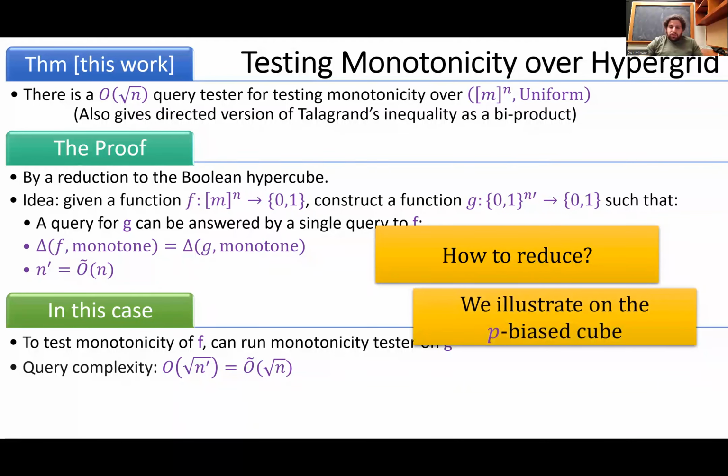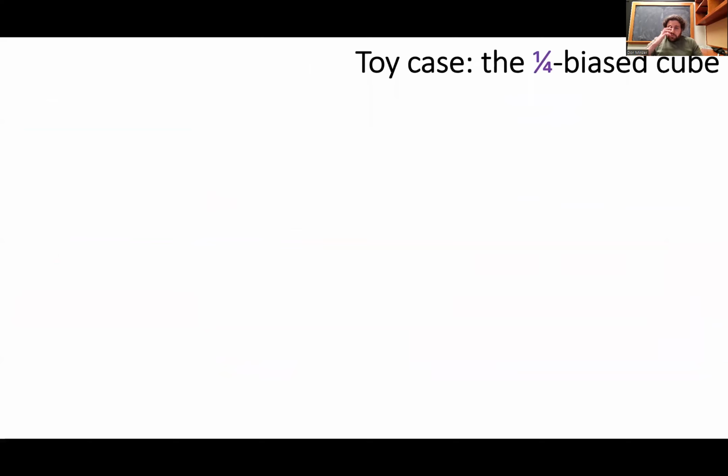So in the rest of the talk, I'm going to illustrate how you do it for the case of the p-bias cube, which is, again, something on the hypercube, but with a different measure. And then I'm going to say a few words on how you do it for the hypergrid. So to illustrate the idea, we're going to take a very concrete cube. We're going to consider the quarter bias cube.